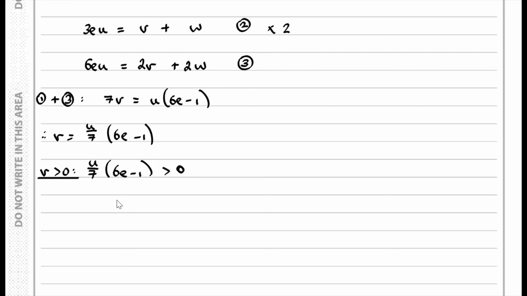If we divide through by u over 7, we see that 6e minus 1 is greater than 0, and therefore E is greater than 1/6. We know that E must lie between 0 and 1, and therefore the range of values for E is 1/6 less than E, less than or equal to 1.